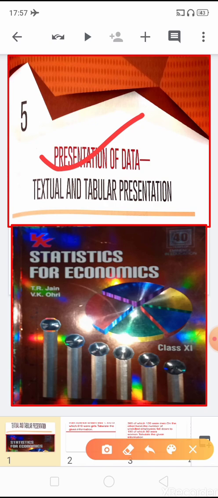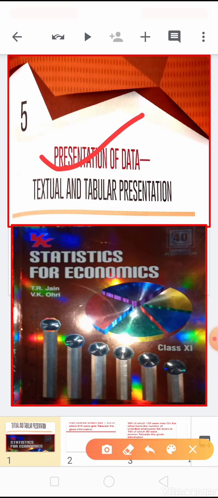Now the next method of presenting data is the diagrammatic presentation, which you are going to learn in chapter number 6, and the next is the graphical presentation, which you are going to learn in chapter number 7. So these are the three methods of presenting data, and in this chapter we will only deal with the tabulation presentation of data.